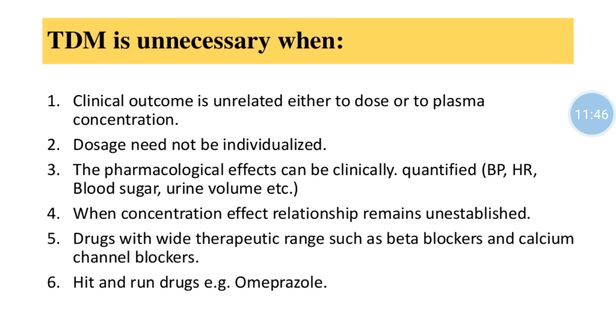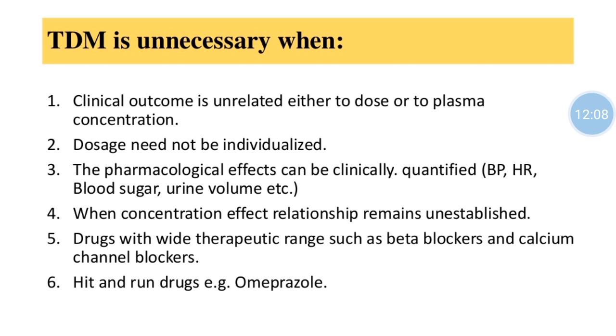Then, the pharmacological effect can be clinically quantified. The pharmacological effect is easily checked by blood pressure, heart rate, blood sugar, urine volume. These are regular checks, known as regular monitoring. If regular monitoring is there, we do not go for therapeutic drug monitoring.